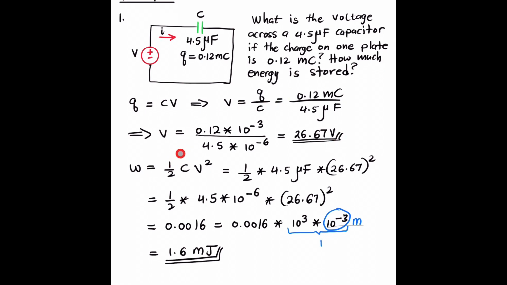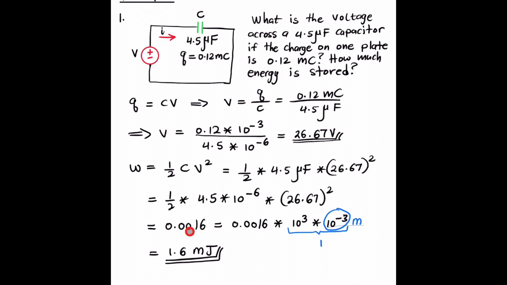How much energy is stored? The energy is this equation: half, this is C, and this is V. So this half, this is 4.5 micro, this is 26.67.